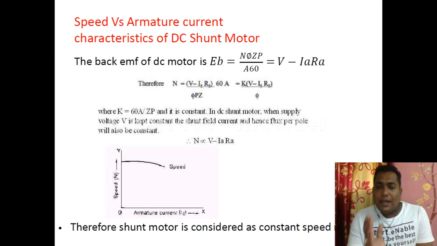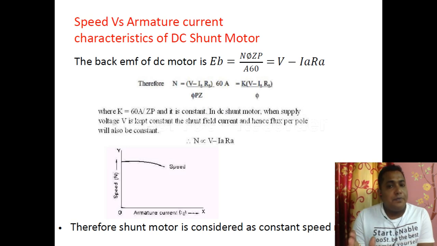Coming to the next one, armature current is directly proportional to torque, correct? Now follow my pointer, this is our equation.